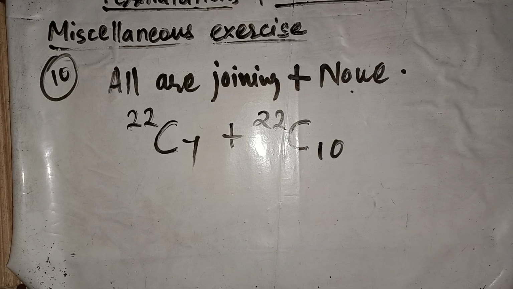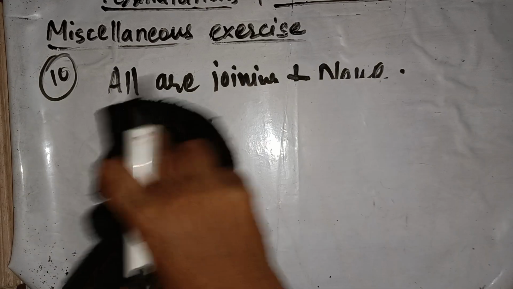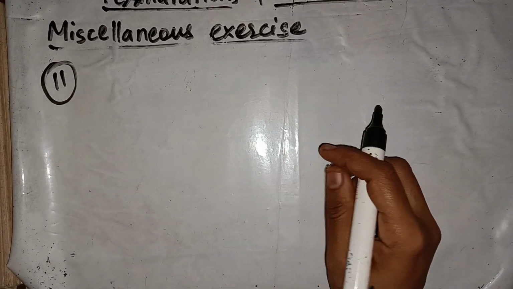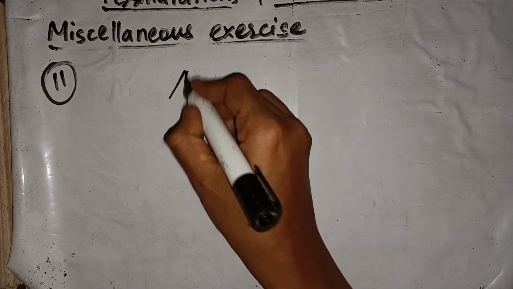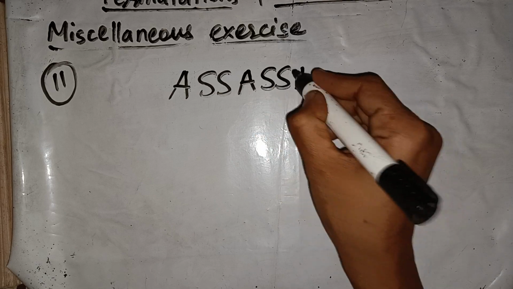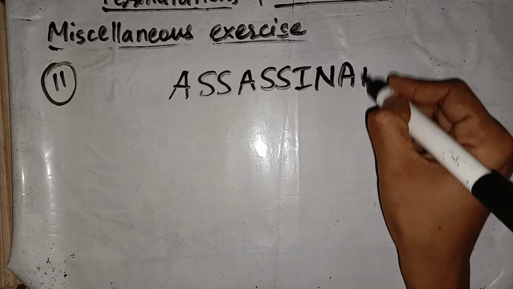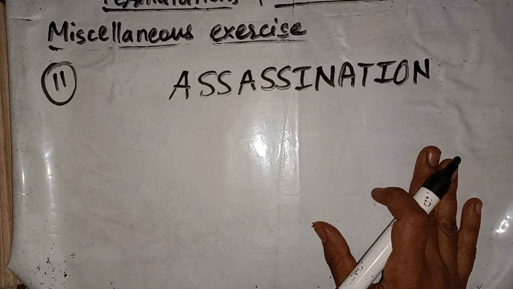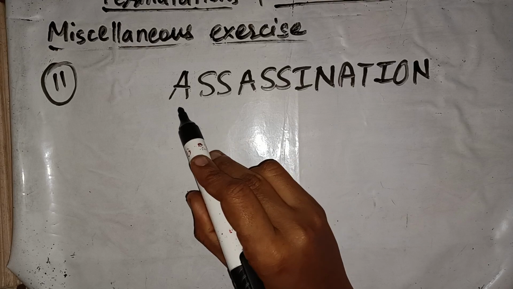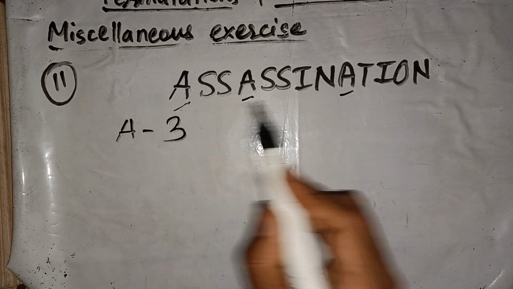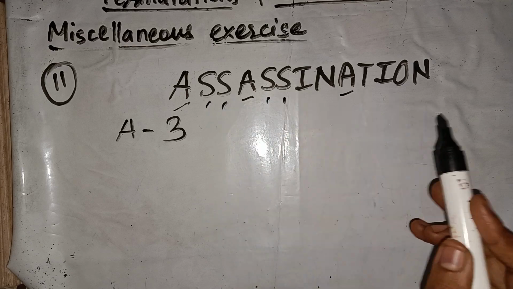Next question. In how many ways can the letters of the word ASSASSINATION be arranged so that all the S are together? So how many A? 1, 2, 3, 4.